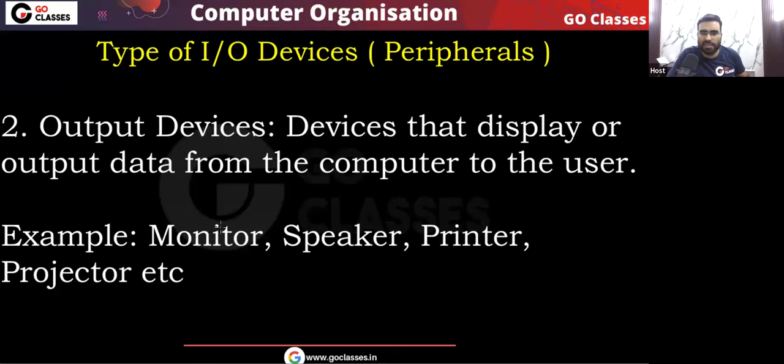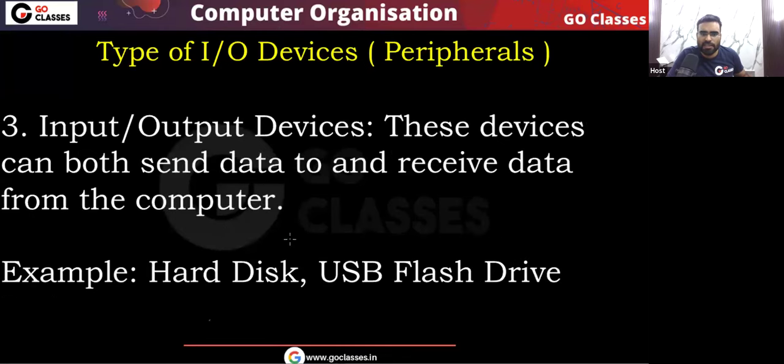Now there are some devices which are input as well as output. Can anyone suggest one such device? Speaker is an output device because the computer gives output on the speaker to the user. Now, can anyone suggest one device which is both input and output? That is your hard drive.